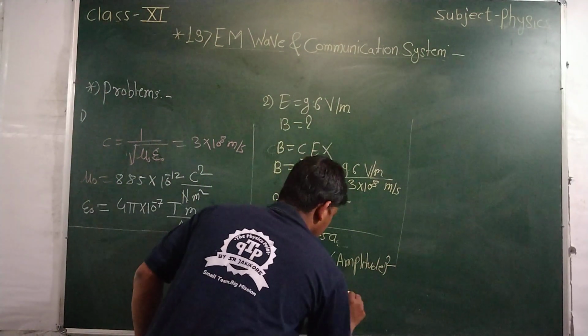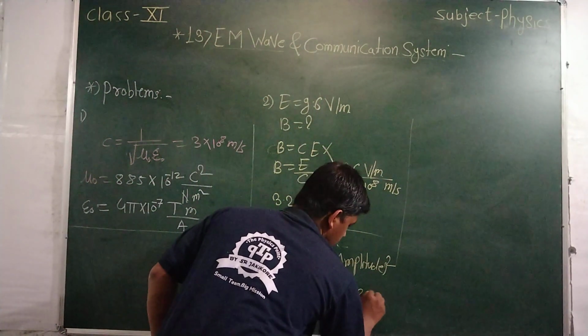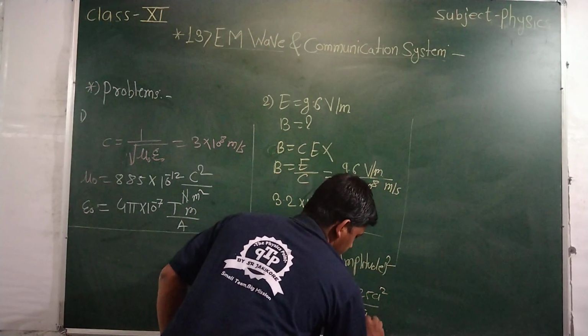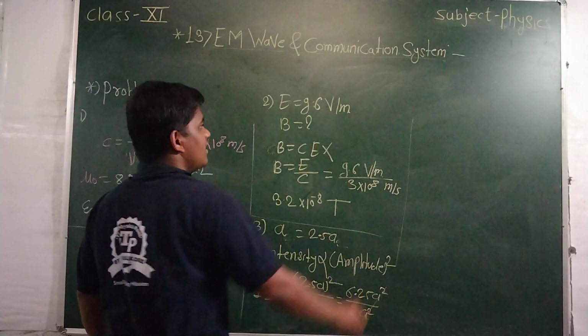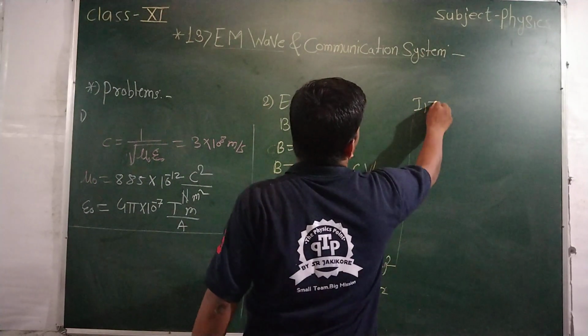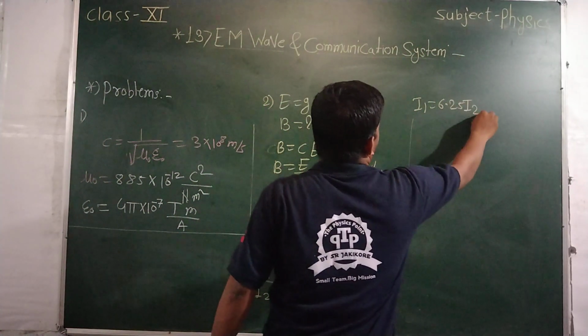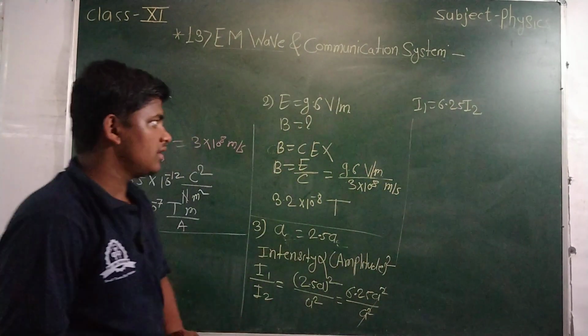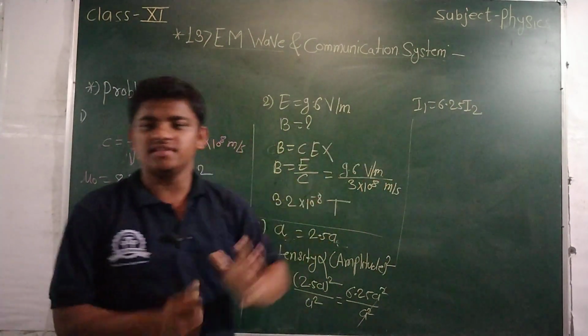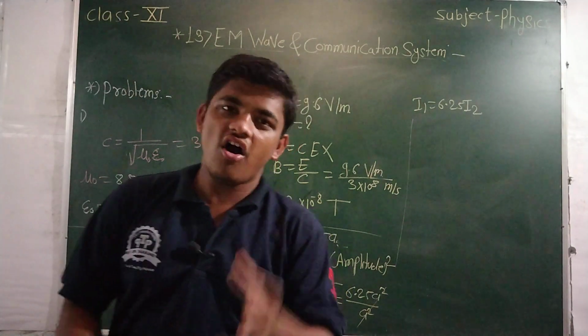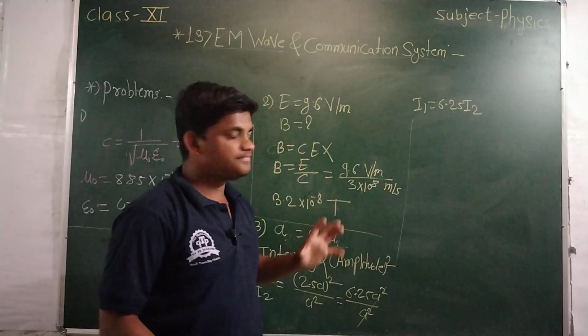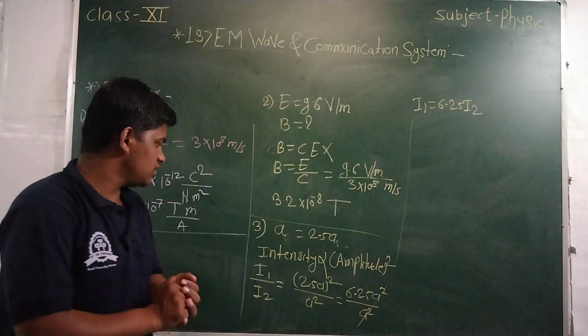Then 2.5 squared is 6.25, so 6.25 a square divided by a square. A square will be cancelled. Then I1 is equal to 6.25 into I2. This is the relationship between the intensities.